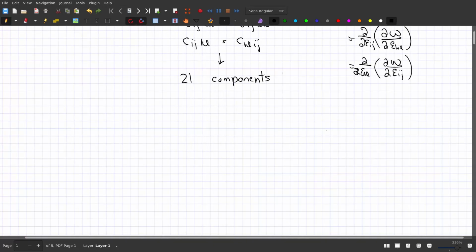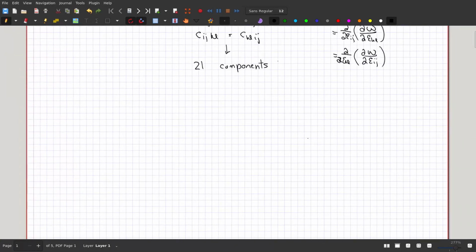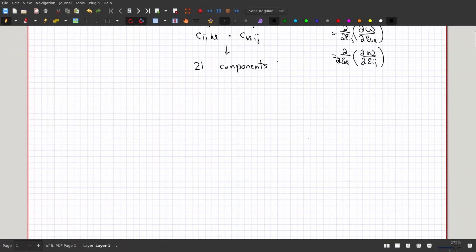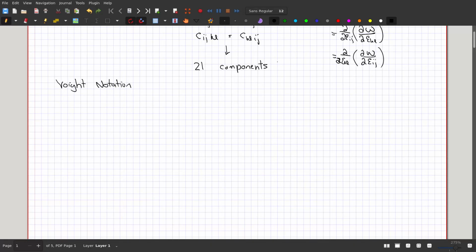And with 21 components, we can use a little bit different notation. So this is called Voigt notation. And what we're going to do is write, instead of a tensor equation, we're going to reformulate it into a vector equation.